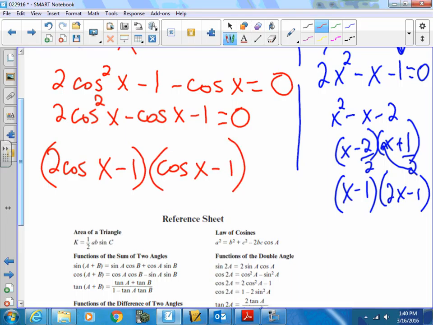Okay, I made a mistake here. This should be a positive here, so hopefully you saw me just write that positive, and this should be a positive too, so be careful. Don't make the same mistake I did. All right, this is what we have, and it all is equal to 0.